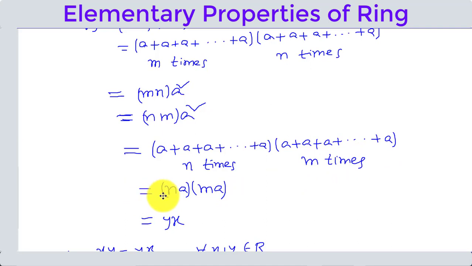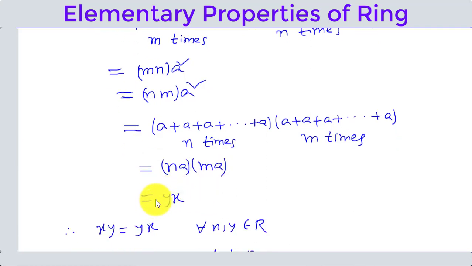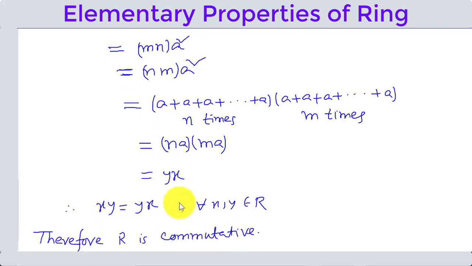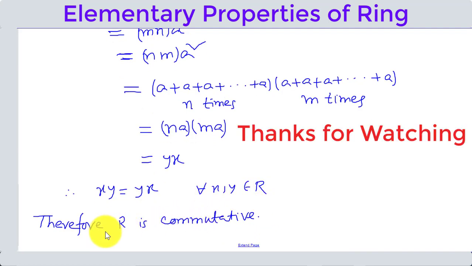This is equal to (na)·(ma), that is, y·x. Therefore, xy = yx for all x, y belonging to R. Therefore, R is commutative. So, these are elementary properties of rings.